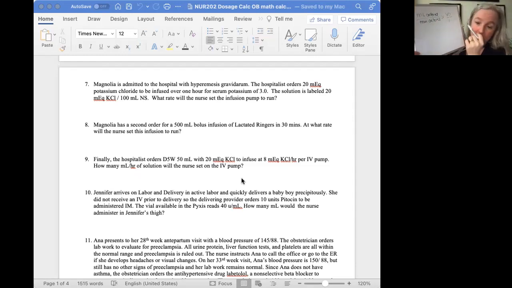Milliliters ordered over the number of minutes ordered times 60 minutes in an hour. So for this problem, we have 500 milliliters and we want to infuse it over 30 minutes times 60 minutes in an hour.